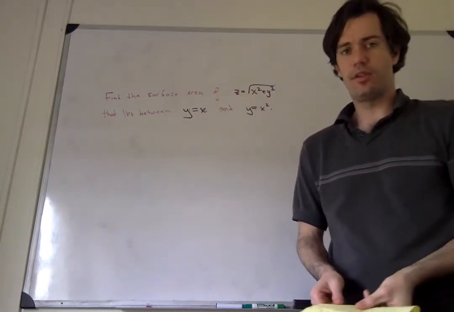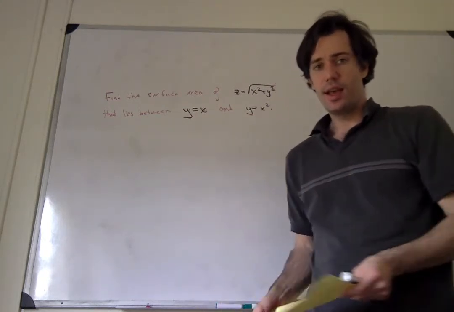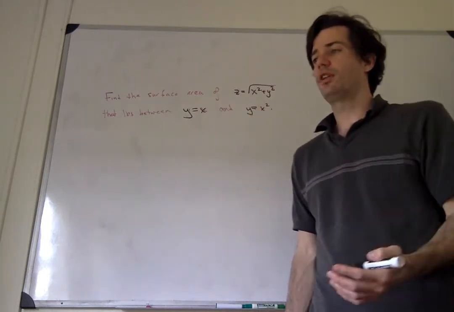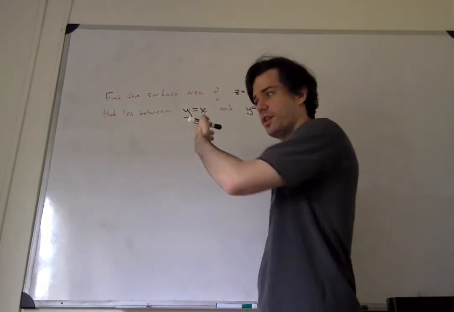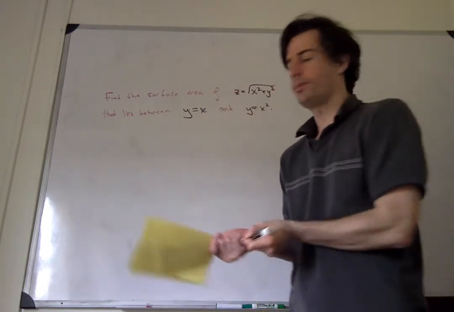There are two things you need to do in this problem. One is you need to set up a parameterization, and the second is you need to integrate over your particular domain. So we have to actually use this information here to find the domain.